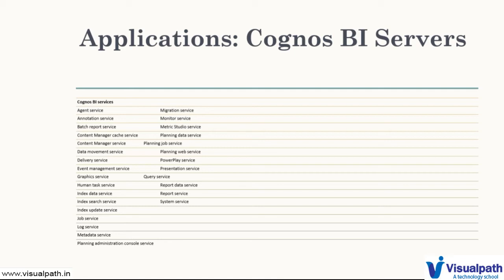Then we have the monitor service. This is also a very important service because it monitors the various functionalities of Cognos, that is, whether the health of the Cognos services is correct or not. It manages the monitoring and execution of tasks that are scheduled, submitted for execution at a later time, or run as a background task. It assigns a target service to handle a scheduled task.